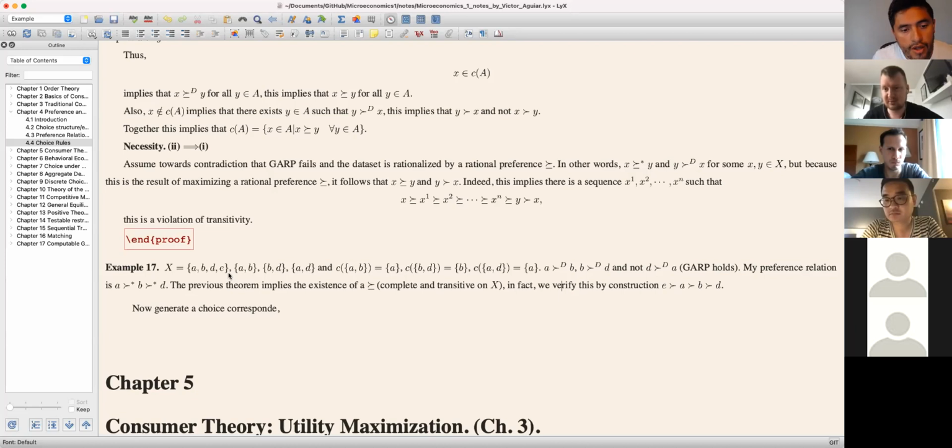Okay, so now I want you to generate a choice correspondence pattern out of the same A, B, D, and E that fails GARP. That's the first question.